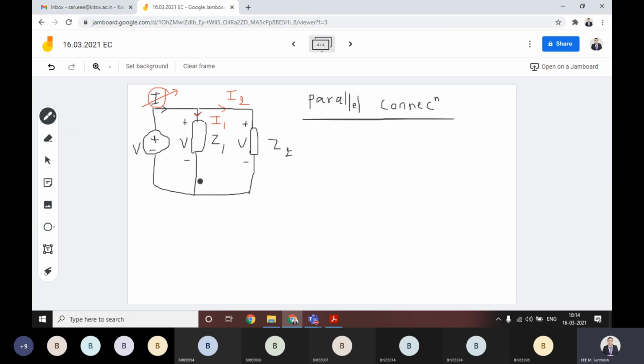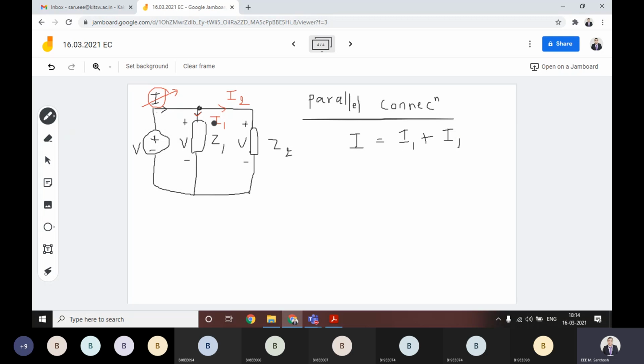For the parallel connection, at this node, if you write the equation for the current, this current is entering, the other two currents are leaving, so entering is equal to leaving: I is equal to I1 plus I2, right? Then what is the value of I1?